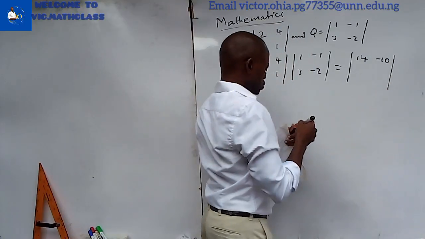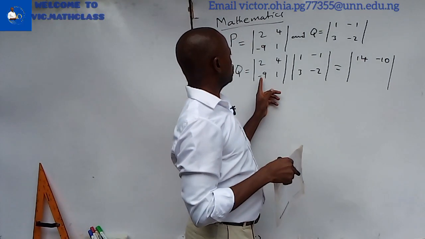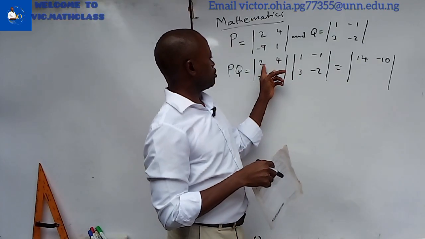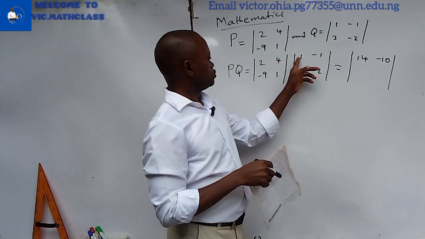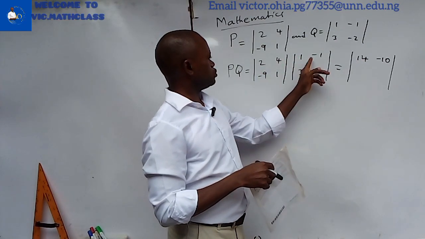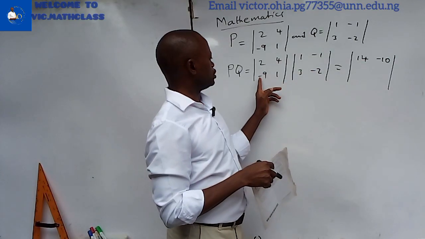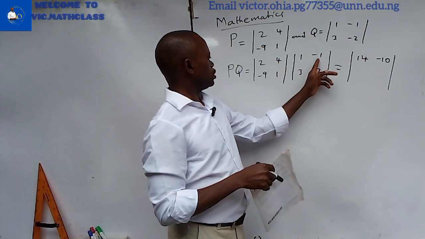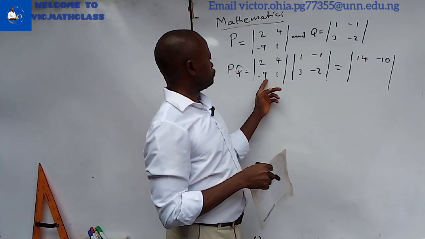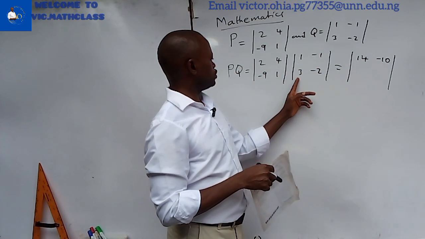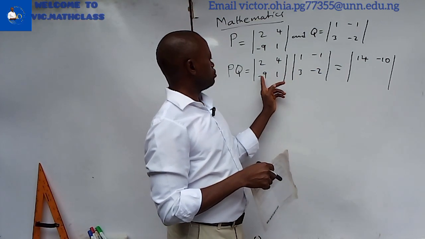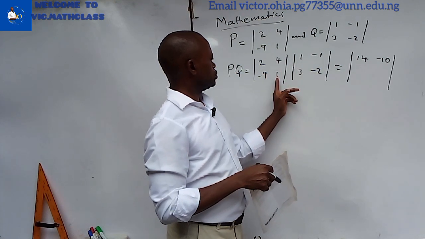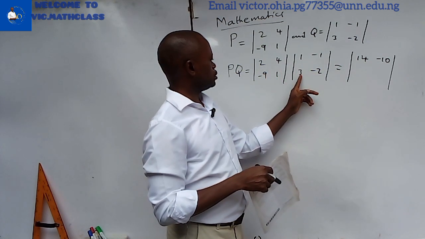So we have minus 10 here. We are through with first row, first column, and first row, second column. Now we are taking second row, first column, and second row, second column. Minus 9 times 1 will give minus 9. 1 times 3 will give us 3.